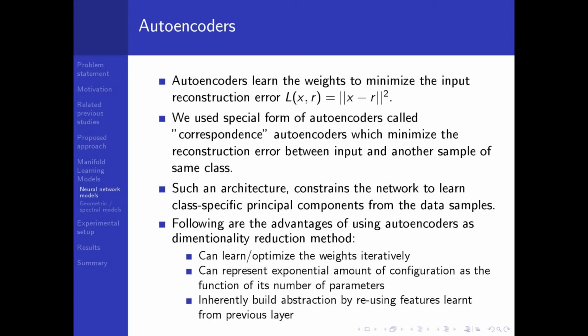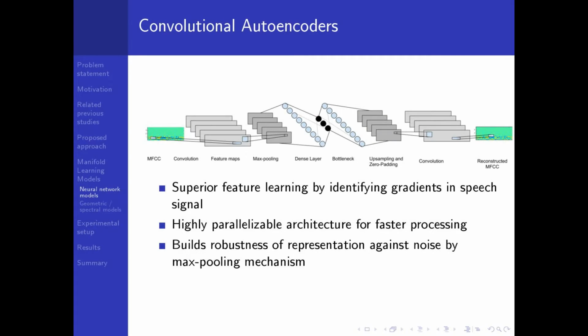We also experiment with convolutional autoencoders. These are a special form of autoencoders where a dense layer is preceded by convolutional and max pooling layers, and further followed by upsampling and deconvolution layers for reconstruction.